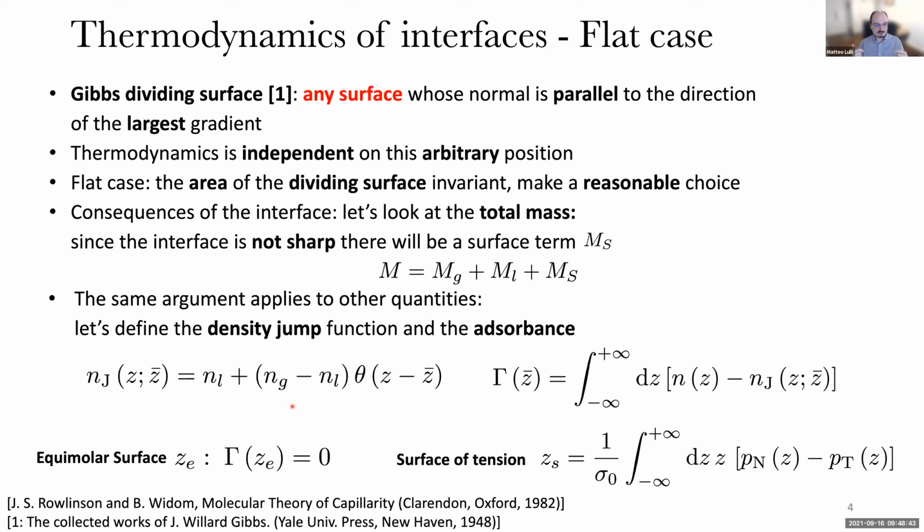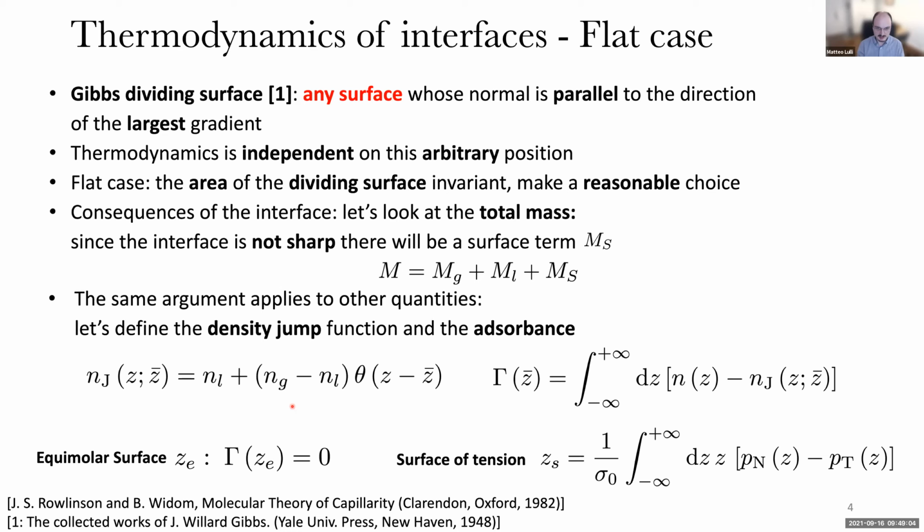One feature is that for the flat case, the area of the dividing surface is invariant no matter where you put it. So, according to the symmetries of the system, you just make a reasonable choice.